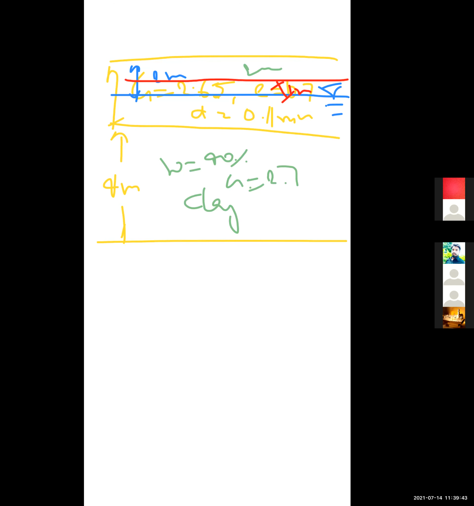Sand is present here, so in sand generally capillary rise occurs. The area of strata is also given, 0.5 centimeter square.